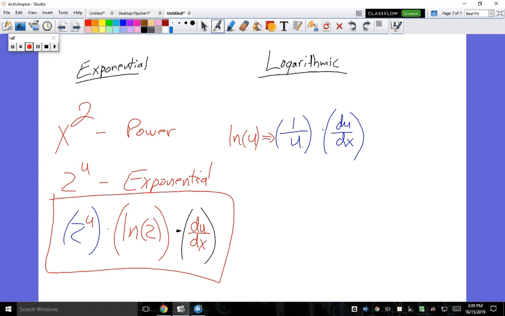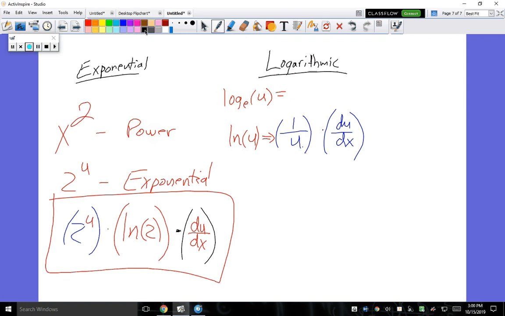But that's when the base is what? E. That's when the base is E. Are we good? It's just 1 over the stuff times the derivative of stuff. When the base is something other than E, this is whenever it changes.